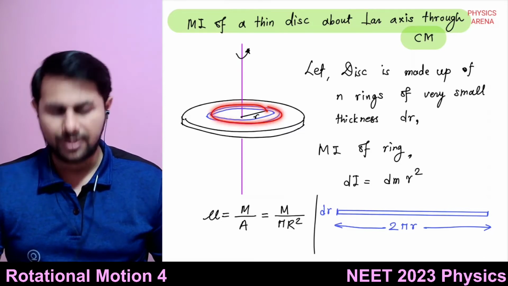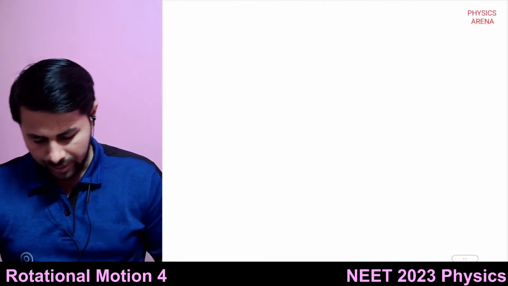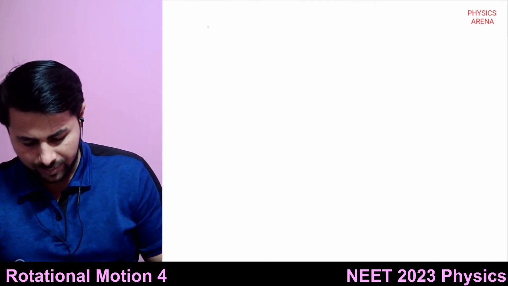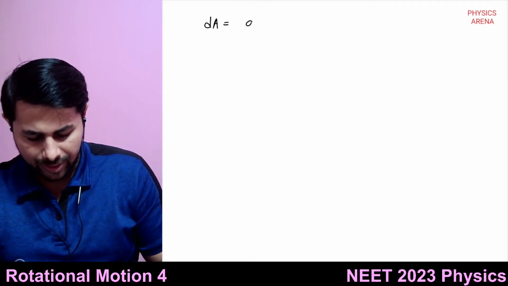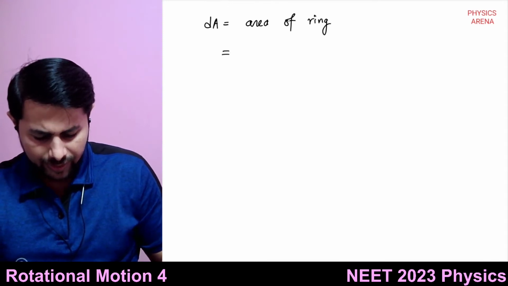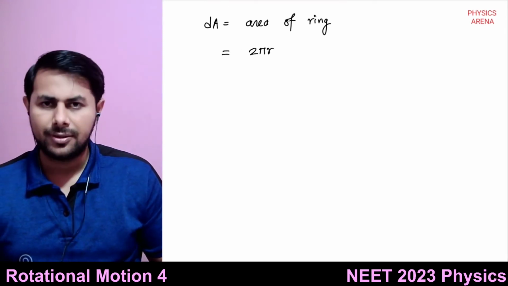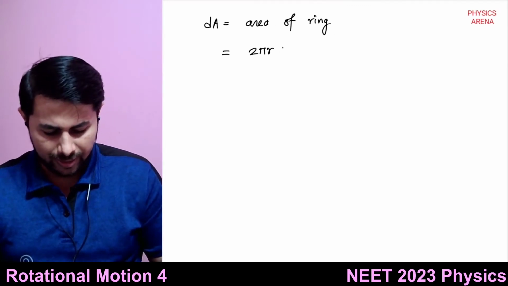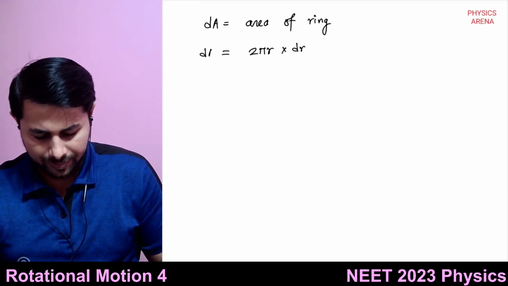So let's suppose the area of the ring is dA. It is equal to 2 pi r, the length of the ring, multiplied by dr.